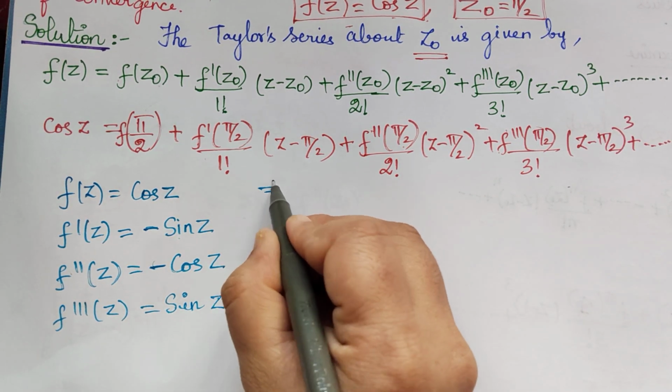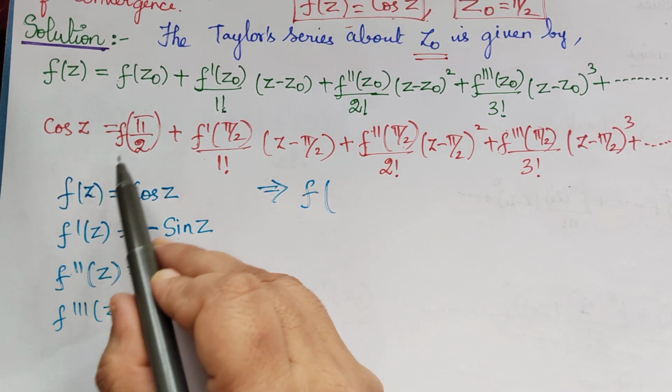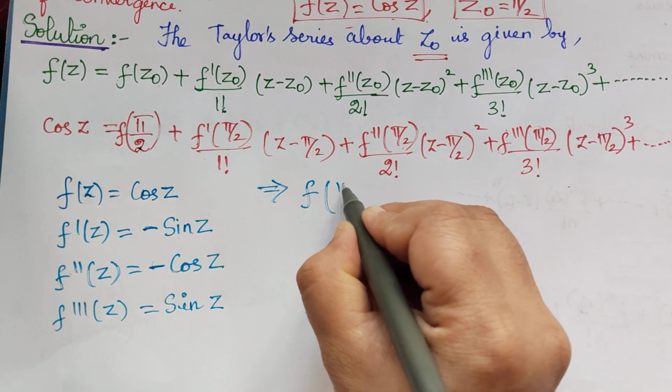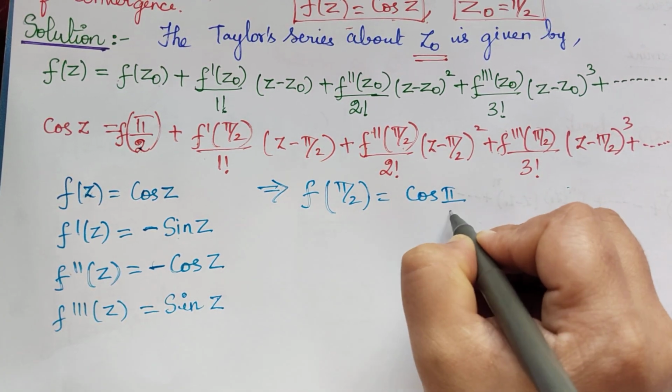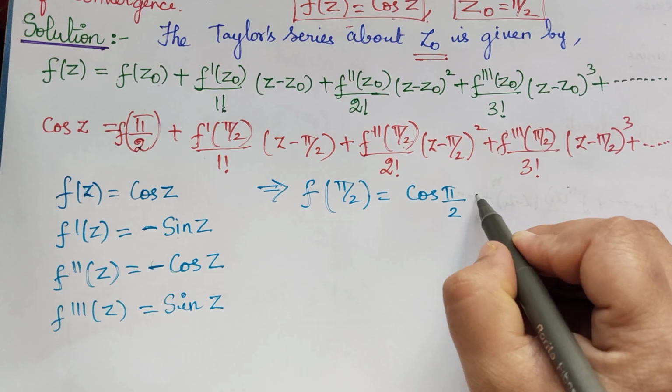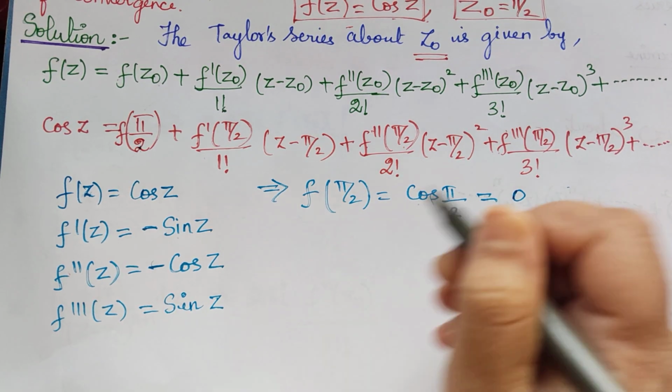Now from this, what is f of pi by 2? At the place of z we replace by pi by 2, which is equal to cos pi by 2. And we know that cos pi by 2 is cos 90, which is 0.